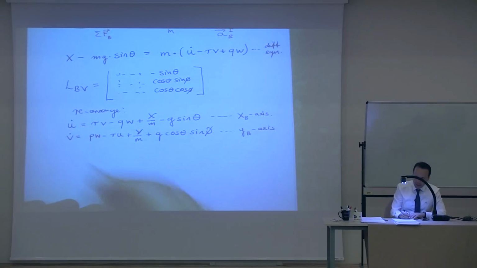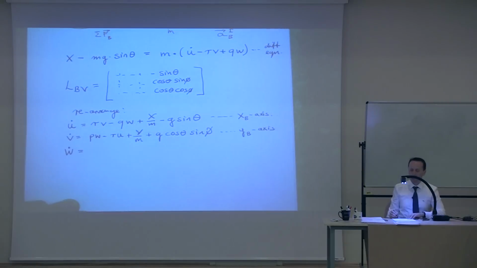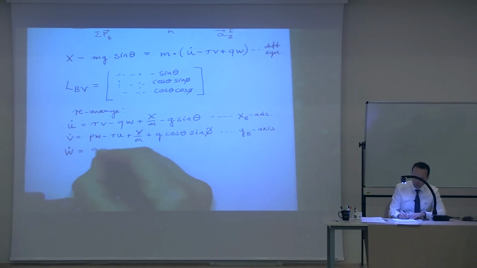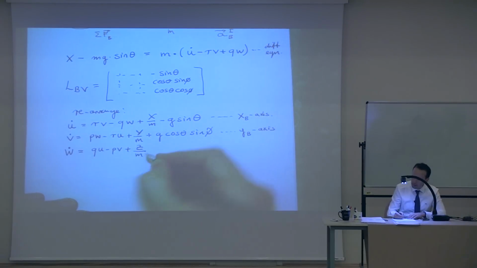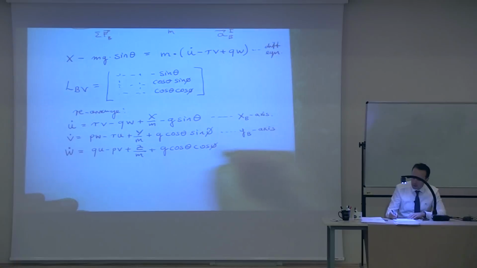Okay? And you would get the same thing for the W dot equation: QU minus PV plus Z divided by m plus g cos theta cosine phi, and that is in the z body axis.